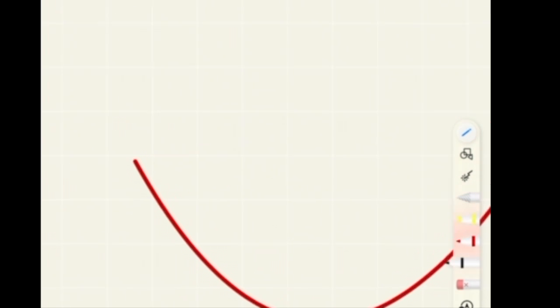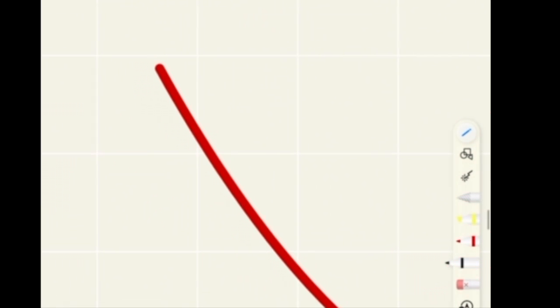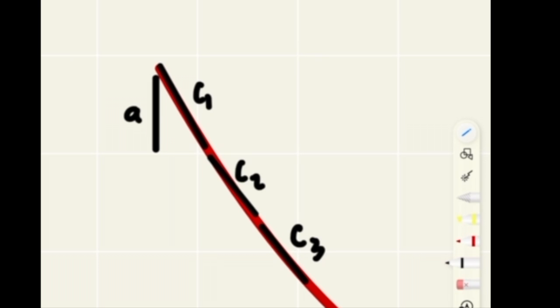So that arc length, if you zoom really in, could be approximated by just taking a lot of straight lines along this curve. So these are C1, C2, C3, and so on.